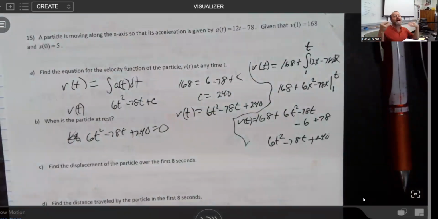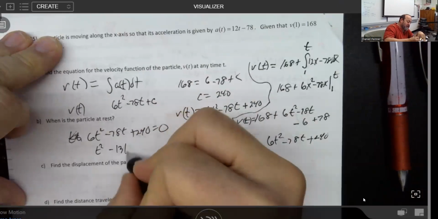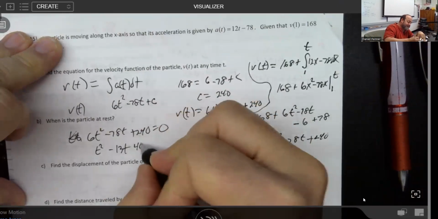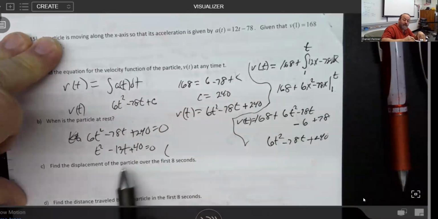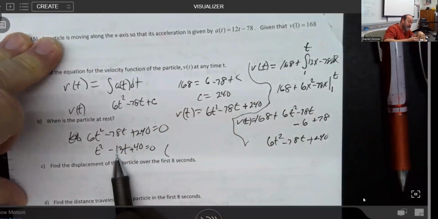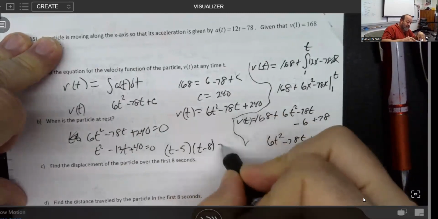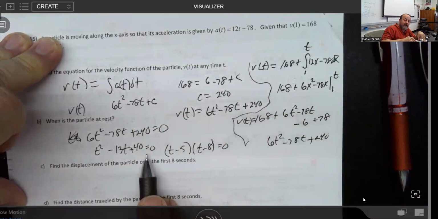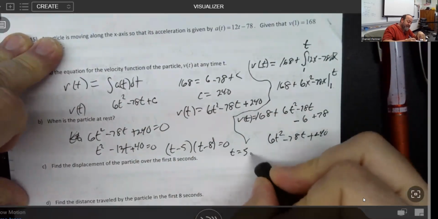It should not be a big shocker that all of these numbers were rigged to be divisible by 6, leaving a 13 and a 40, which is a nice factorable quadratic. Two numbers whose product is 40 that add to 13 are 5 and 8. So the particle is at rest, with a velocity of 0, at t equals 5 and t equals 8 seconds.